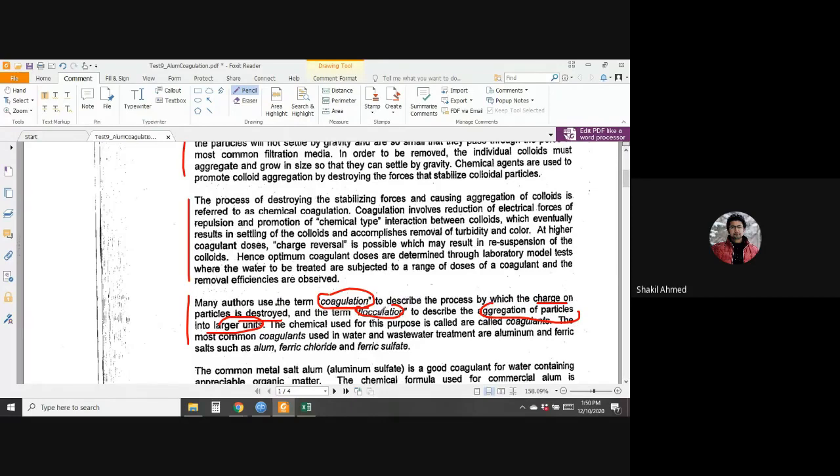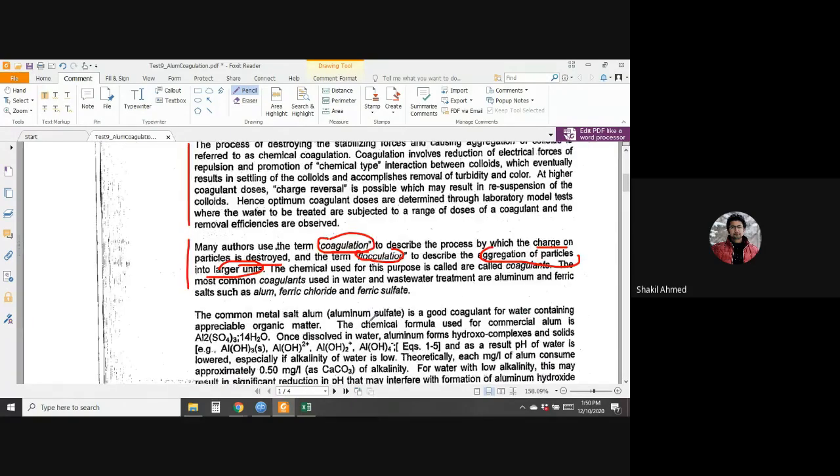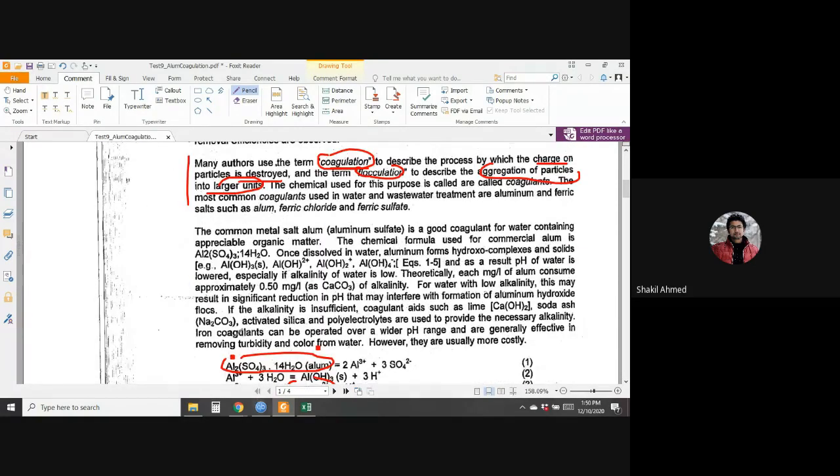Now we can use aluminum sulfate, Al2(SO4)3, as well as other elements for coagulation. This one is the most common. We call it alum, fitkiri basically.